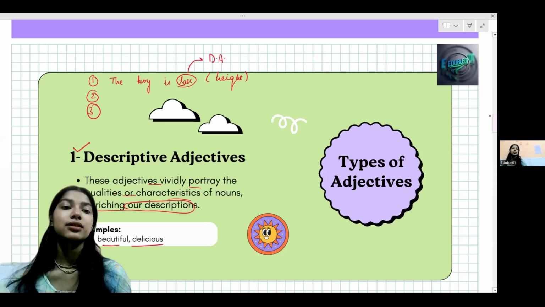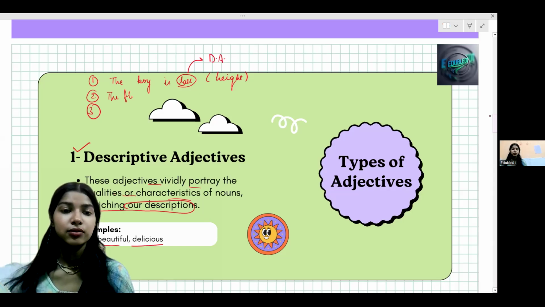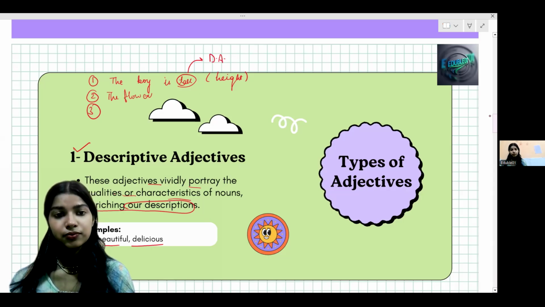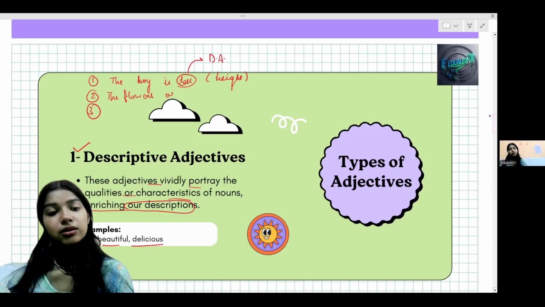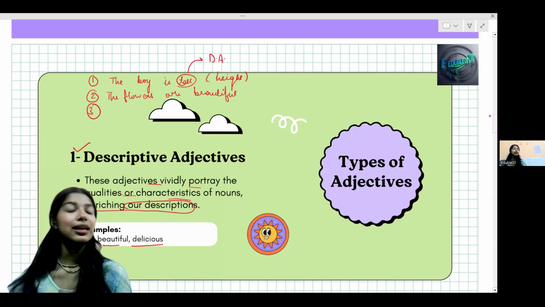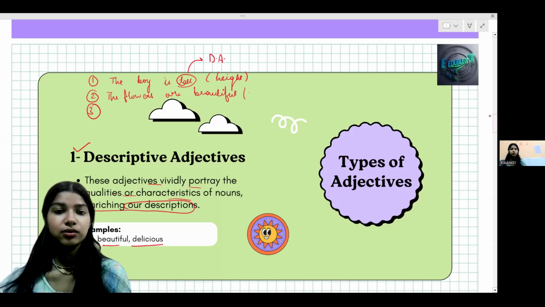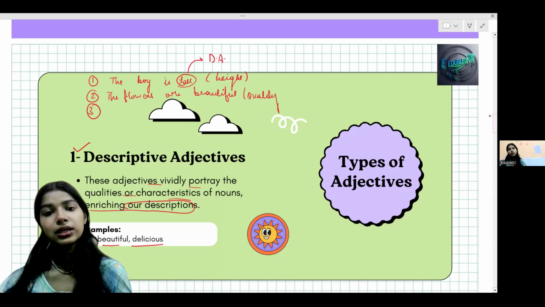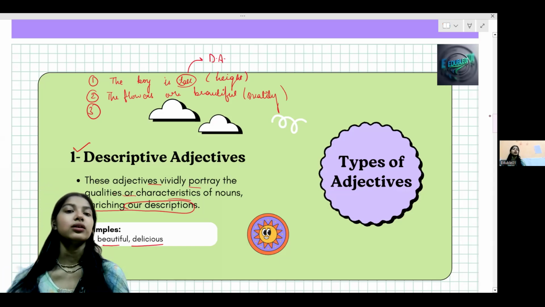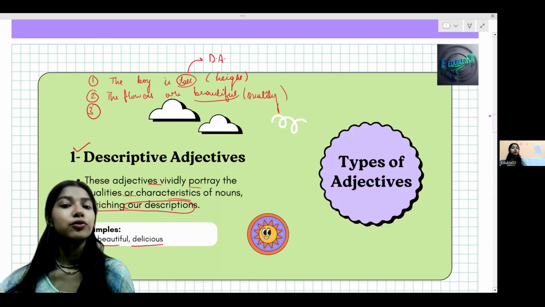Getting it? Next, the flowers are beautiful. It is telling us the quality of the flower, that the flowers are beautiful.